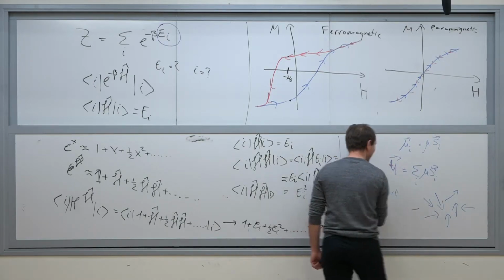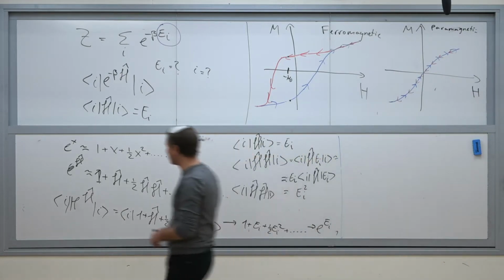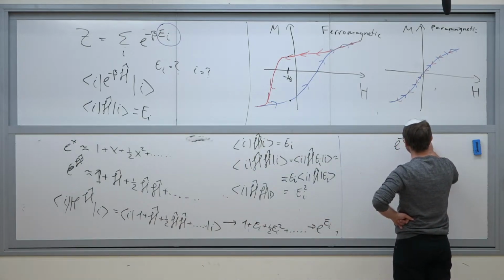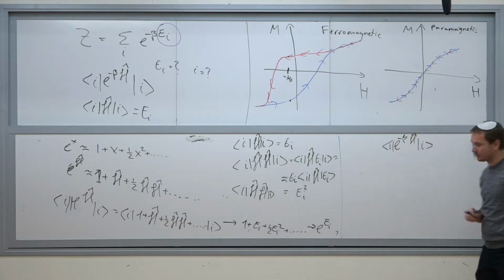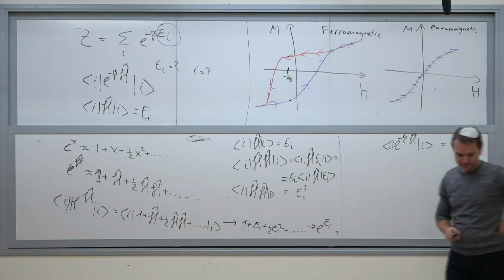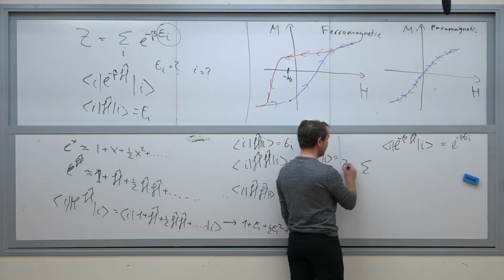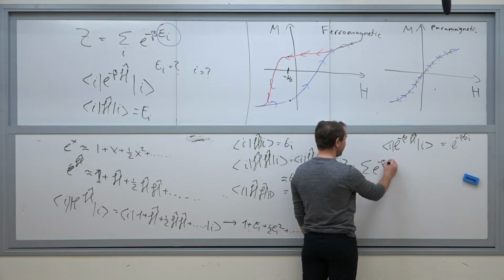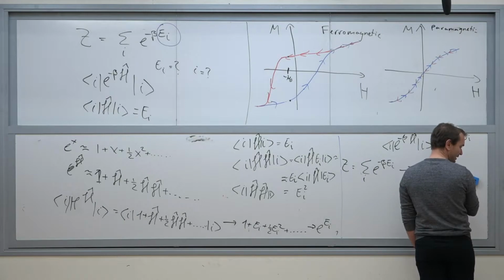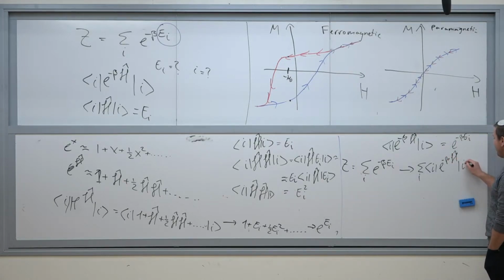By doing this and remembering what I mean by e to the power of a Hamiltonian, which is simply an operator, I know that bra i e to the minus beta Hamiltonian ket i equals e to the power of minus beta E_i. Then Z, which is the sum over i of e to the minus beta E_i, goes to the sum over i of bra i, e to the minus beta Hamiltonian, ket i.